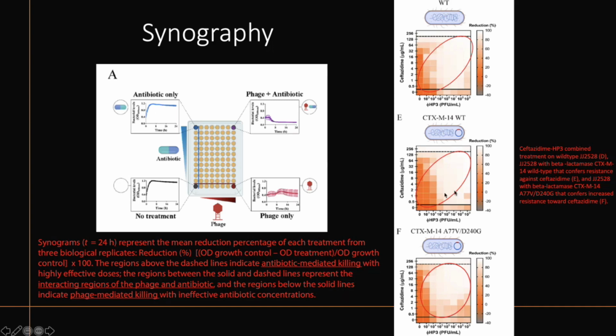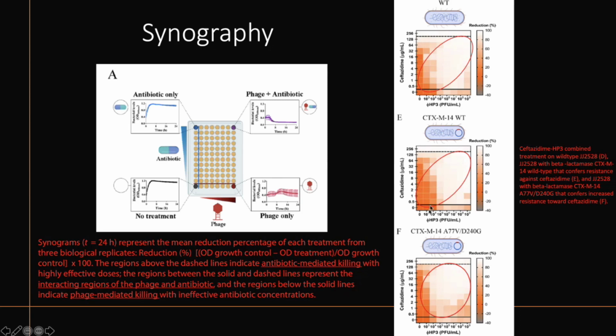And this was another experiment that was carried out using a mutated strain of this extraintestinal pathogenic E. coli with a beta-lactamase, the CTX-M-14 beta-lactamase. And again, you can see that with the combination of the phage and ceftazidime, this strain should be resistant to ceftazidime. This is a beta-lactamase that should break down ceftazidime.